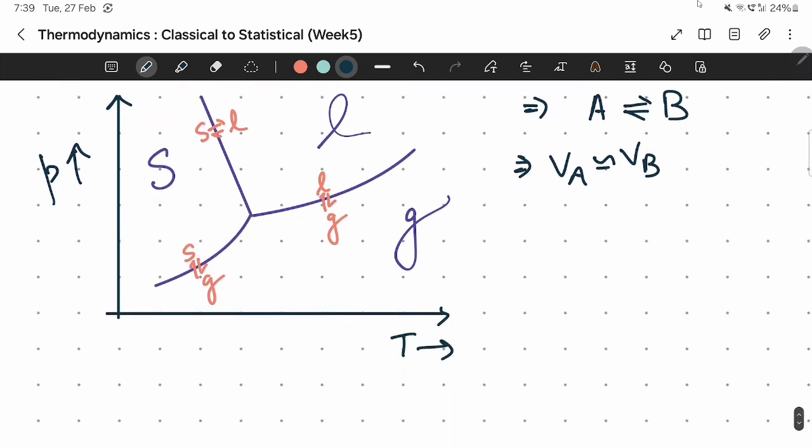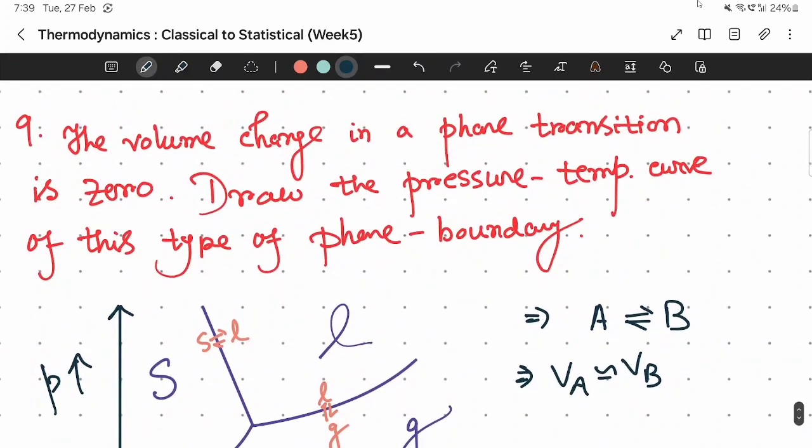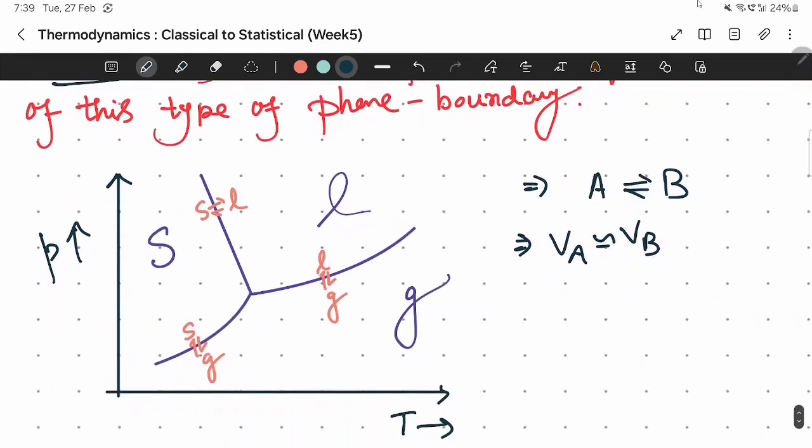In solid-liquid transitions, the volume change tends to 0, but they have said that this is exactly 0. So del V, VB minus VA, is 0. That is given.